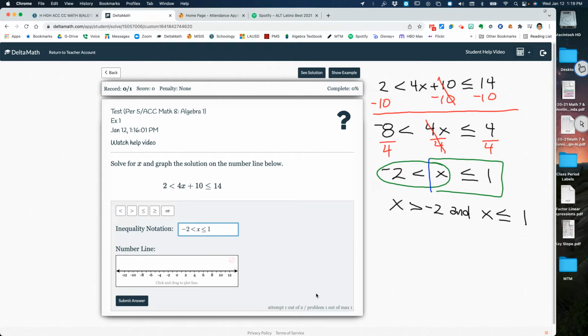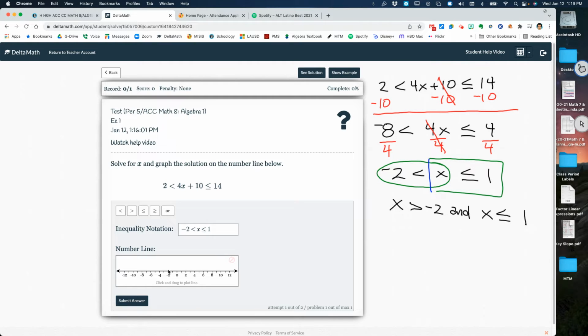I'm not going to use the "and" notation there. So it's a typical "and" inequality. Tell me, does it go like this or does it go like this? Yeah, it's this. So it's between those 2 points, negative 2 and positive 1.